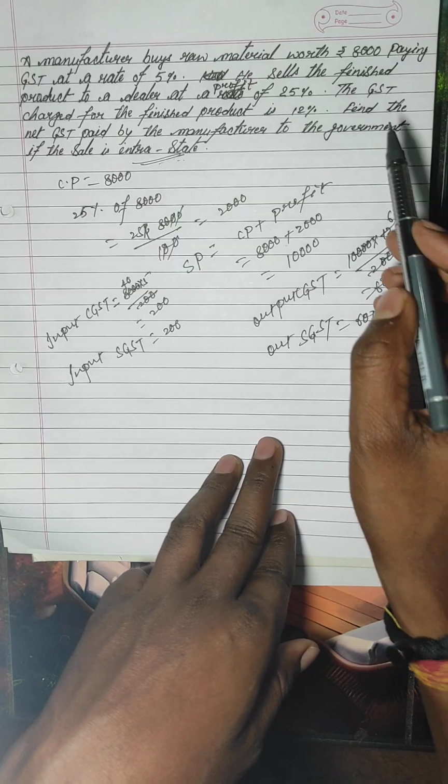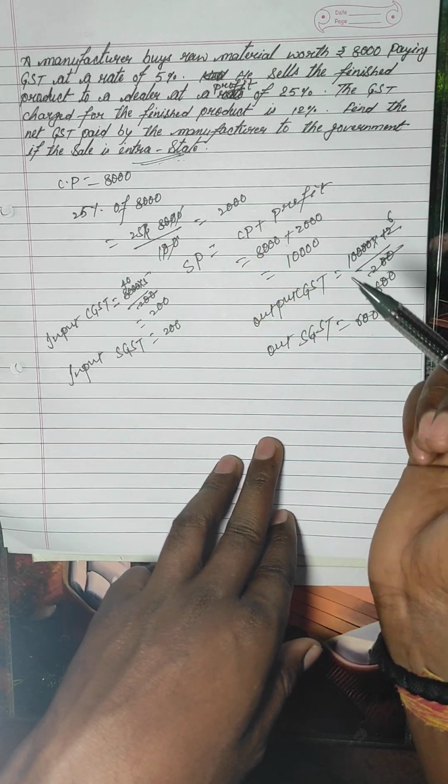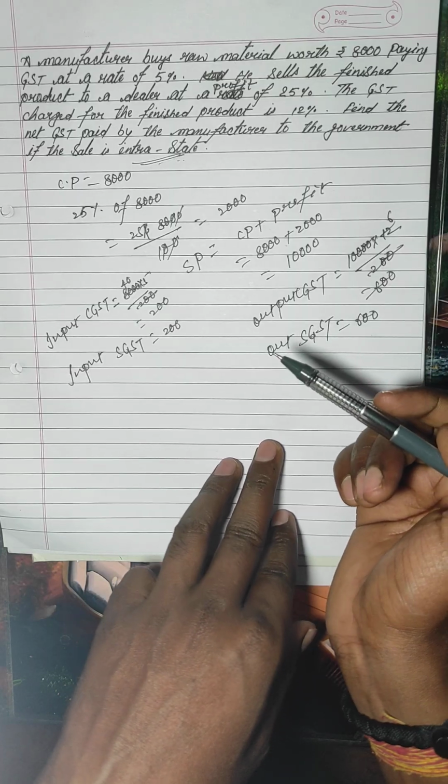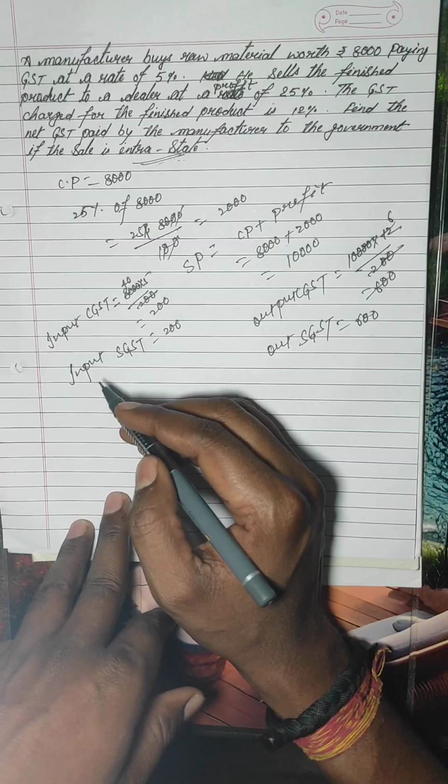Now you see what the question is: find the net GST paid by the manufacturer. Net GST means output GST minus input GST.